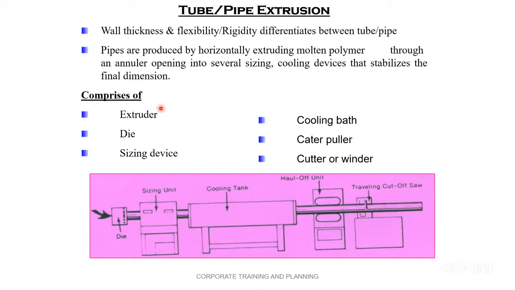Remember this: not only polypropylene and PVC, we can also use ABS to manufacture pipe. This extruder should be suitable to extrude the given material, which may be a vinyl polymer or an olefin polymer. The screw should be able to process the material.